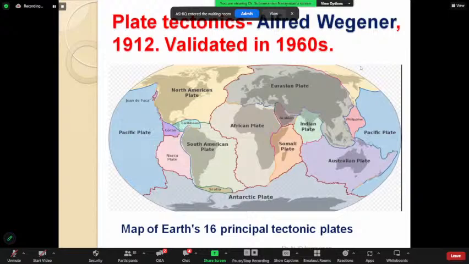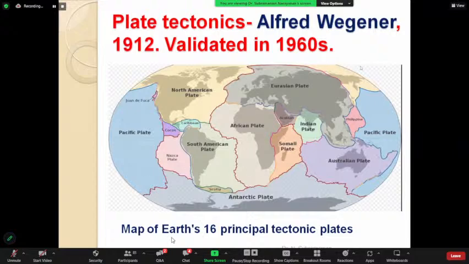How are earthquakes formed? The theory was first developed by Alfred Wegener in 1912. He developed a theory called plate tectonics, which was validated only in the 1960s.